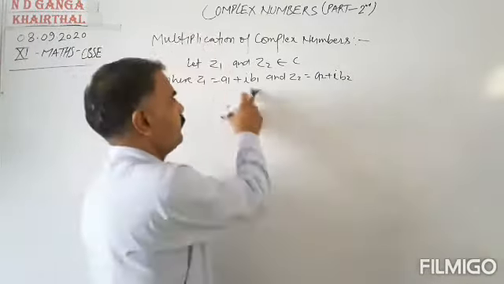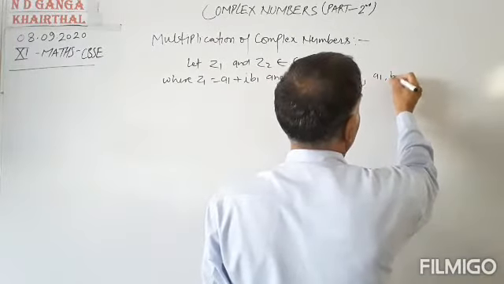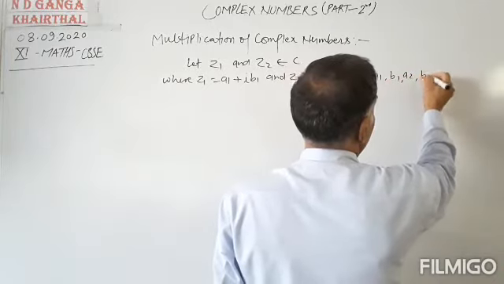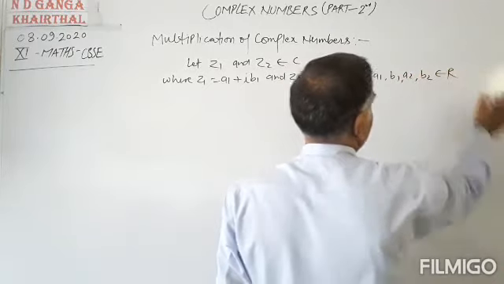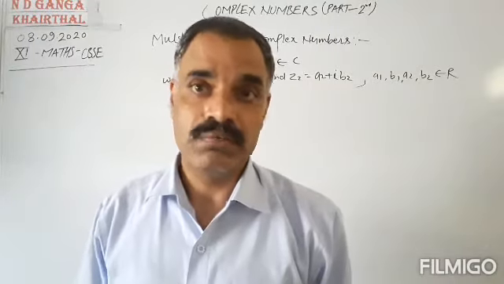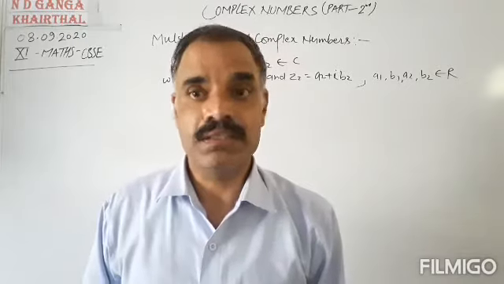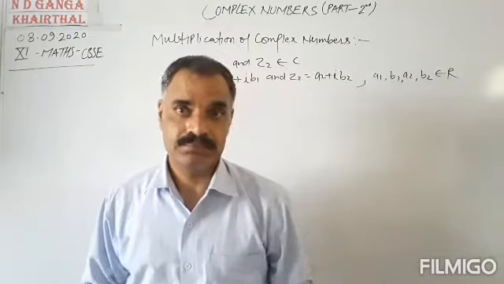A1, B1, A2 and B2, all these are real numbers, meaning they belong to the set of real numbers. So let us suppose that there are two complex numbers Z1 and Z2. Now we will multiply these.